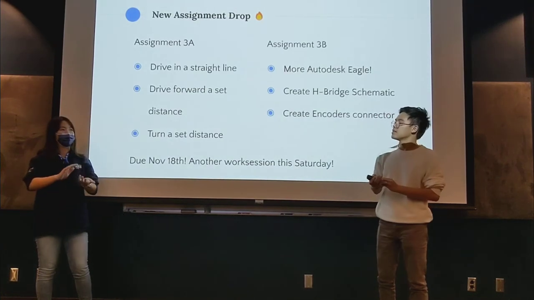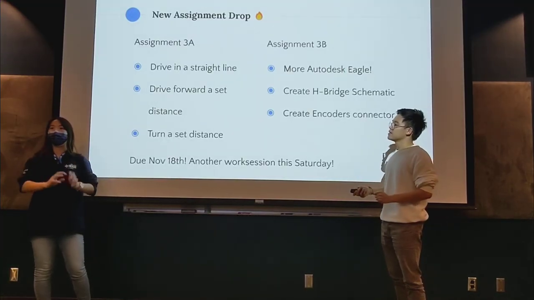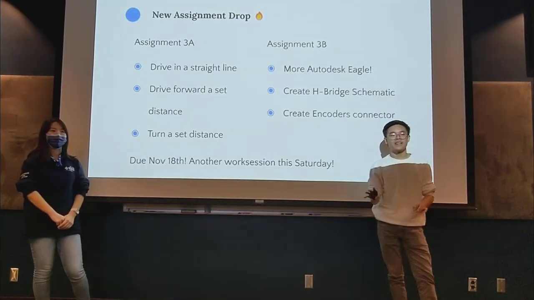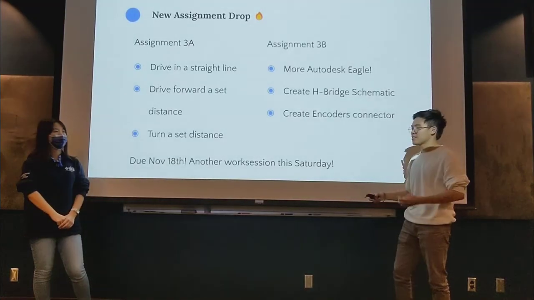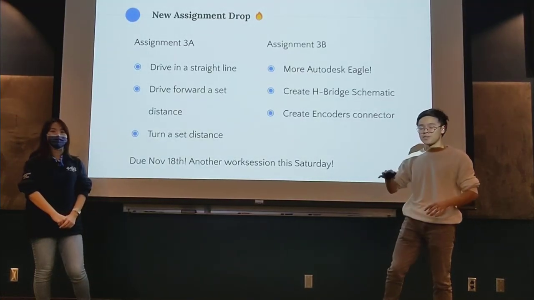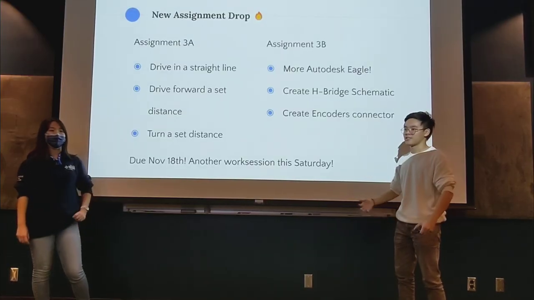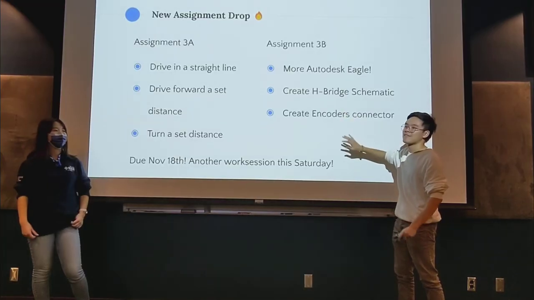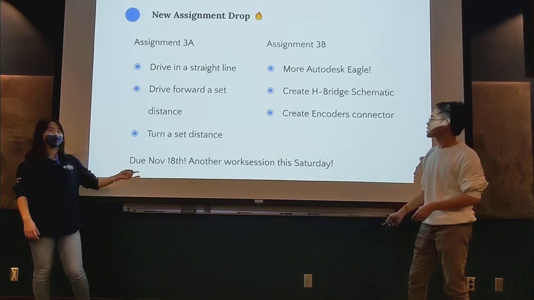The voltage regulator circuit schematic that you made in assignment 1B, you'll use the PCB board layout features of Eagle to design the board. You're not going to order it, but you can see how to order it, and the later half of the PCB design process. This will be due on the 18th.